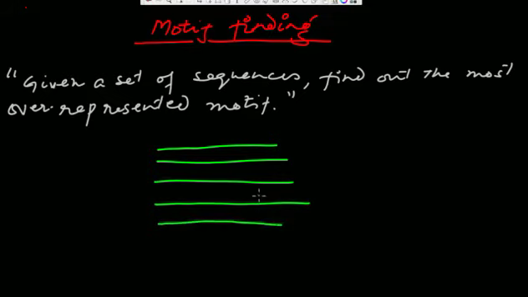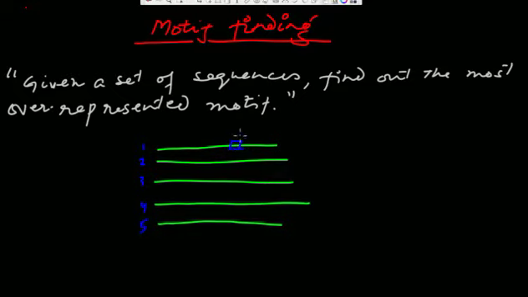and in this set of sequences we are going to find out a shorter sequence which is a motif, let us say one small sequence here, which is actually overrepresented in all these sequences. This is your first sequence, second, third, fourth, and fifth.